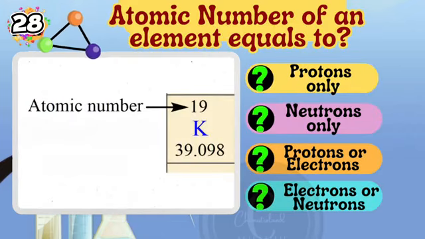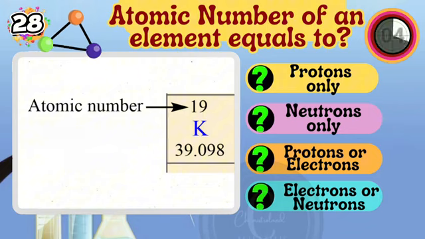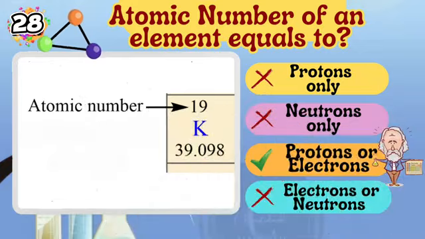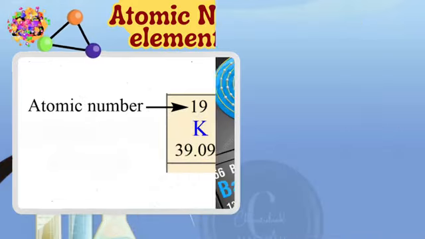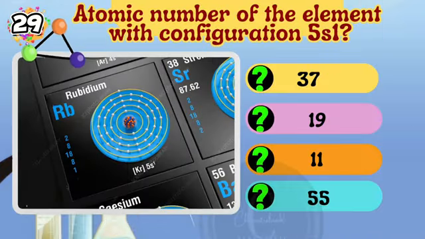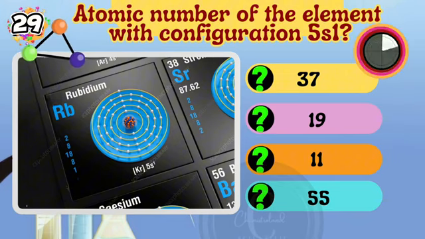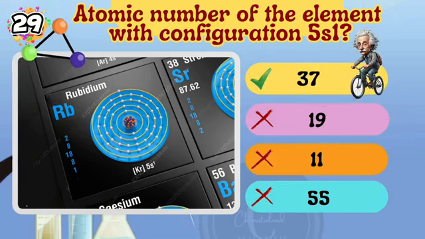Atomic number of elements equal to... atomic number shows the number of protons or electrons. Now, what is the atomic number of element with configuration 5s1? Yes, it is rubidium, having the atomic number 37.